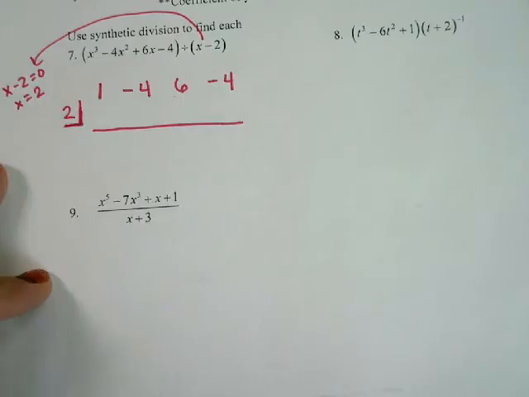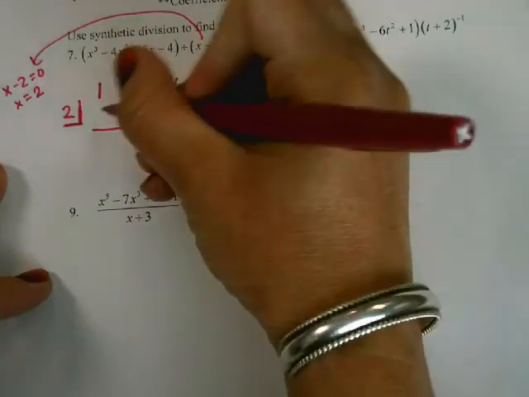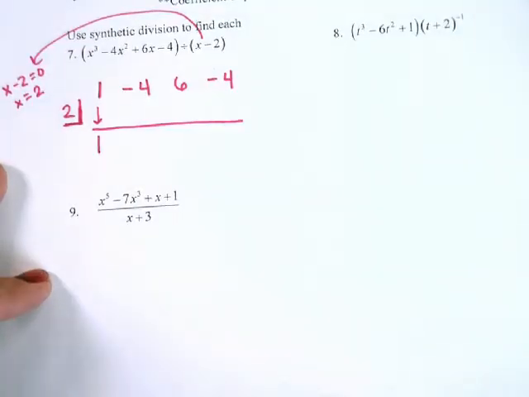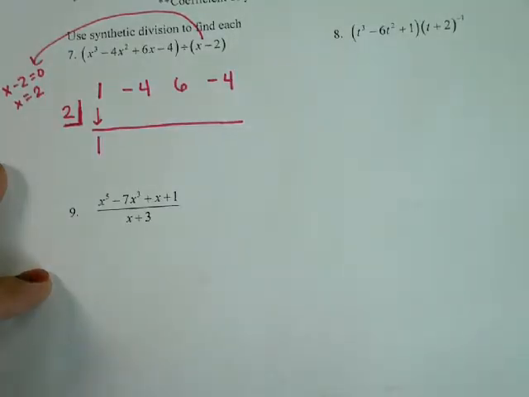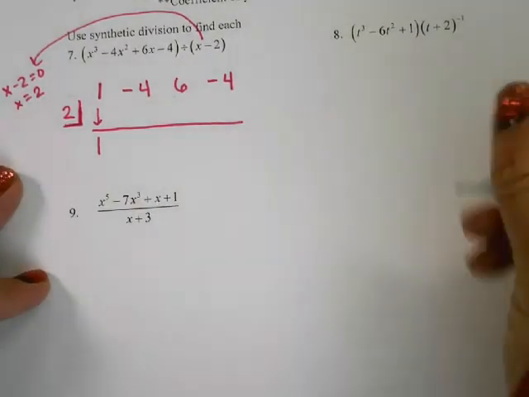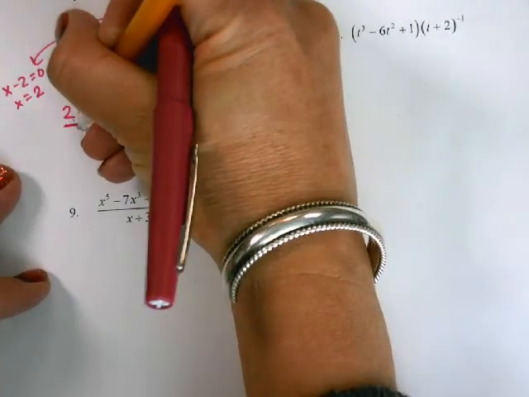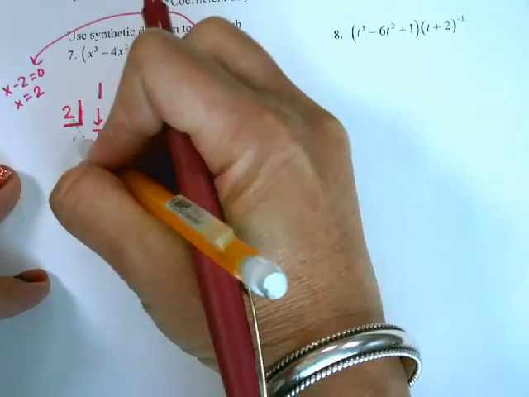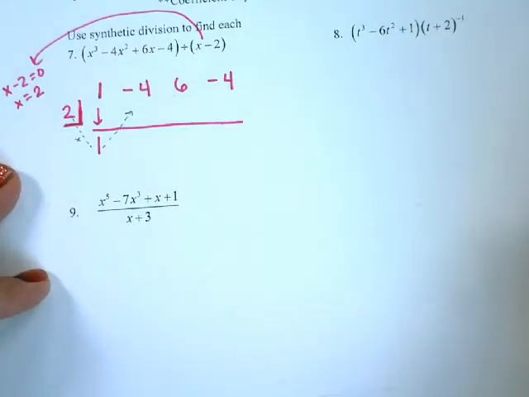Okay, the first thing I always do is I bring down that first number and write him below the line, no matter what he is. In this case, it's a 1, it could be a 12, it could be a 4, it could be anything. You always write it below the line. Now I'm going to take the number that's in my box, multiply it by the number that's below the line, and put it below the next number.